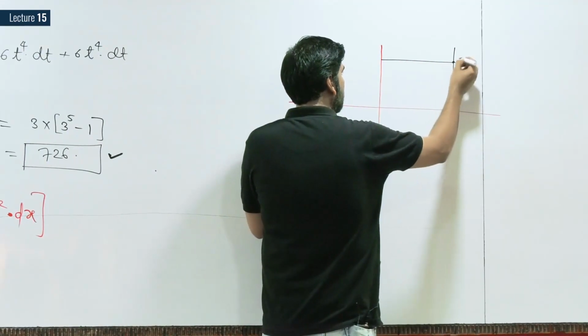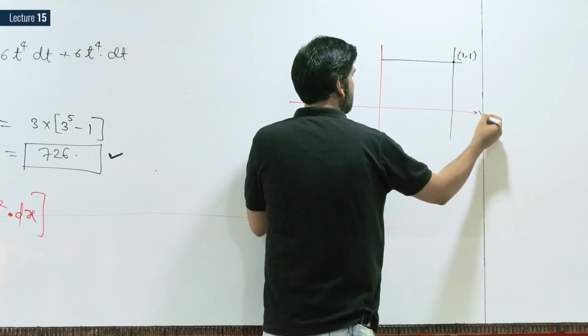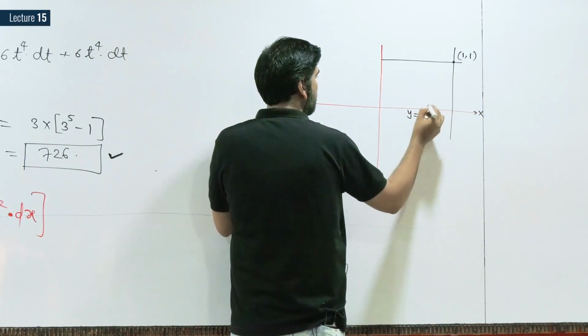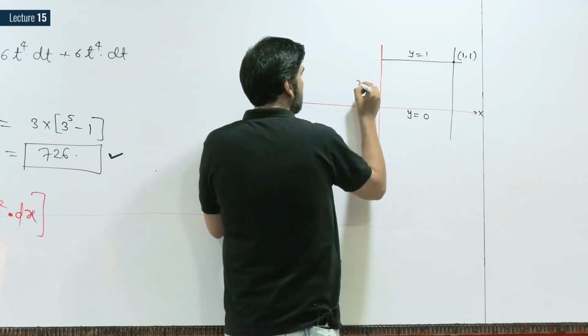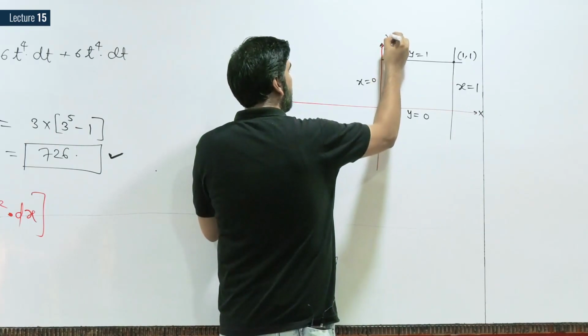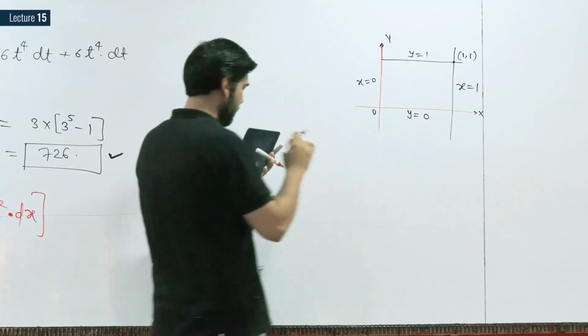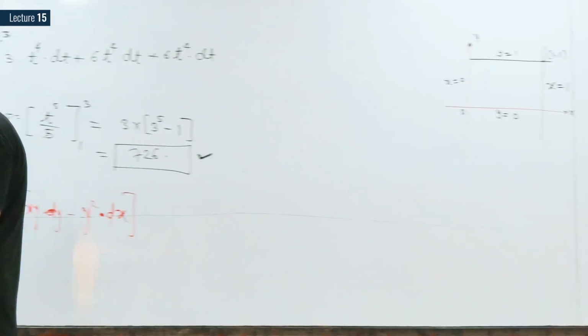So this point will be 1 comma 1. Here y is equal to 0, here y is equal to 1, here x is equal to 0 and here x is equal to 1. Okay. So this is our closed integral.